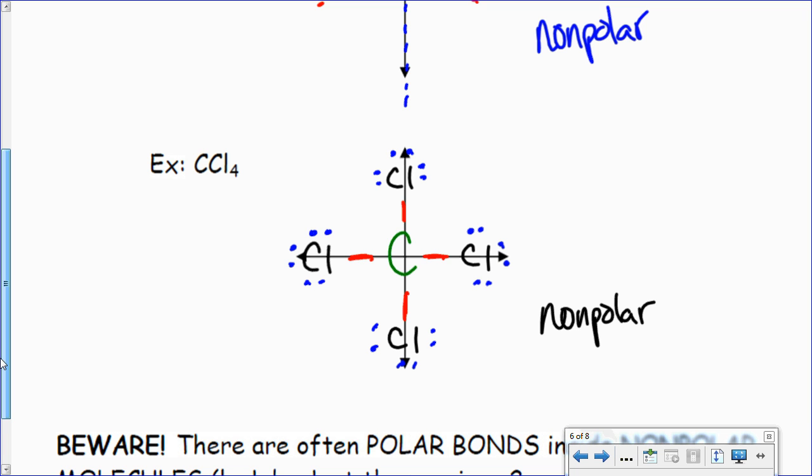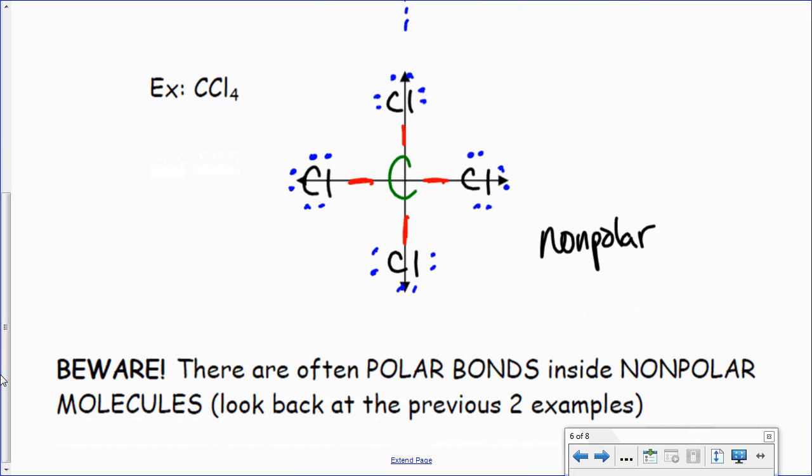Absolutely. So beware, there are often polar bonds inside nonpolar molecules. Look at these 2 examples. If we're ignoring the other 3 chlorines in carbon tetrachloride there, and we just look at this scenario, you could see that the electrons are getting pulled towards chlorine because it's more electronegative.